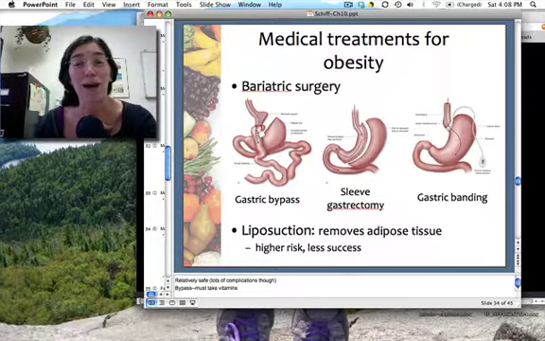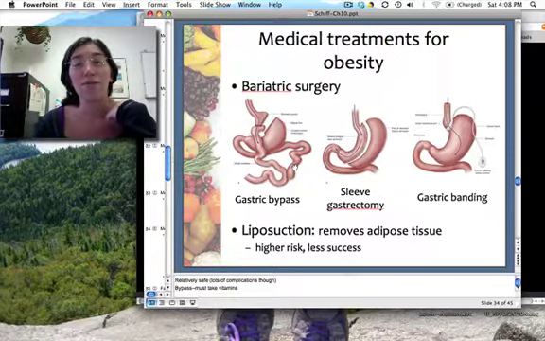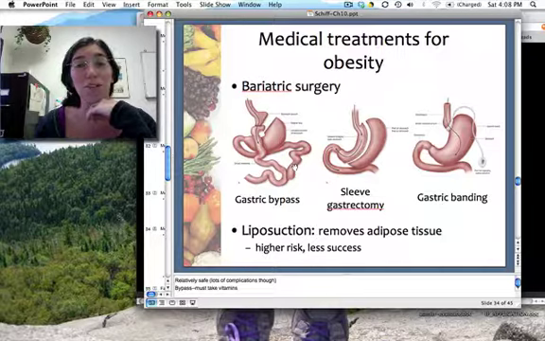People who have gastric bypass surgery, if they overeat, they often throw up. They just can't keep a lot of food down. They have to eat small meals. They can't eat things that are very expansive in the stomach. Also, because you're bypassing so much of the small intestine, it really disrupts your absorption, your ability to digest and absorb nutrients.